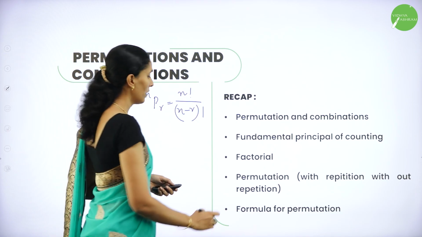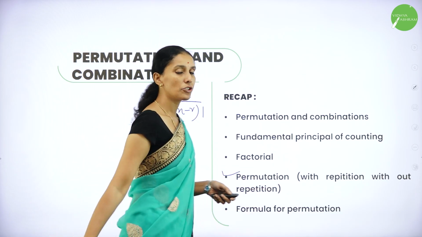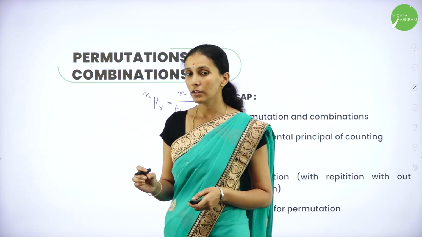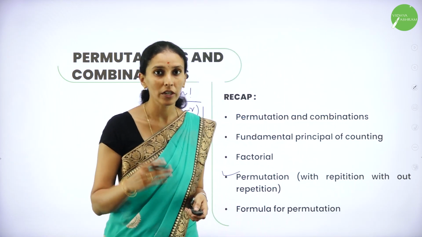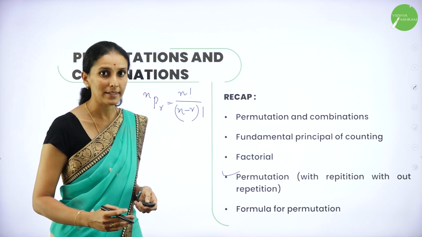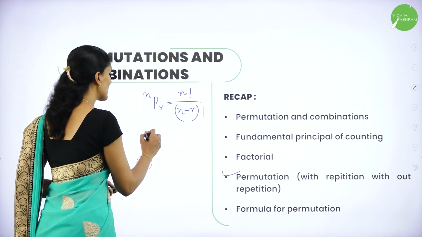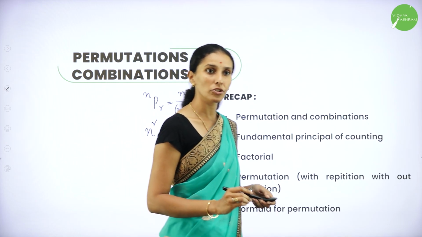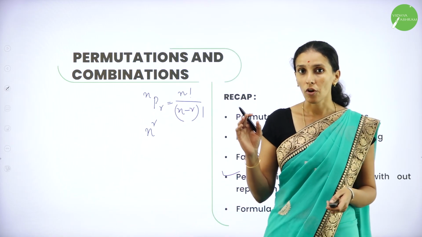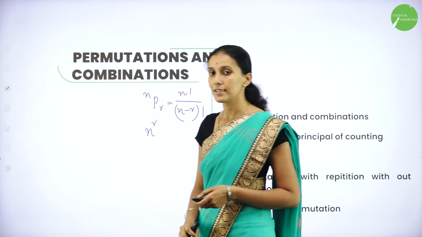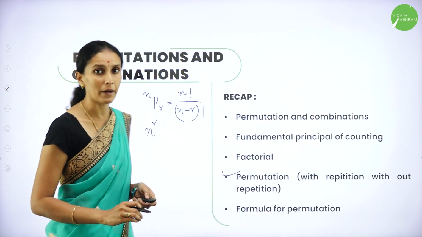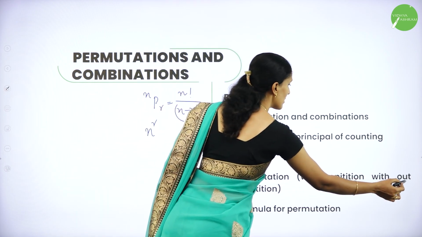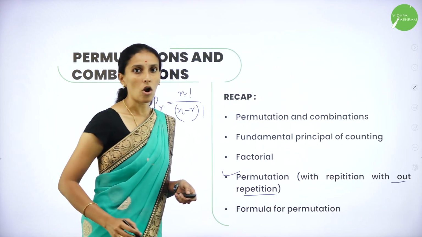We also learned one more concept, permutation with repetition and without repetition. What do you mean by with repetition? When n number of objects repeat in r number of places, the total number of permutations is n power r. Without repetition means objects are not repeating.